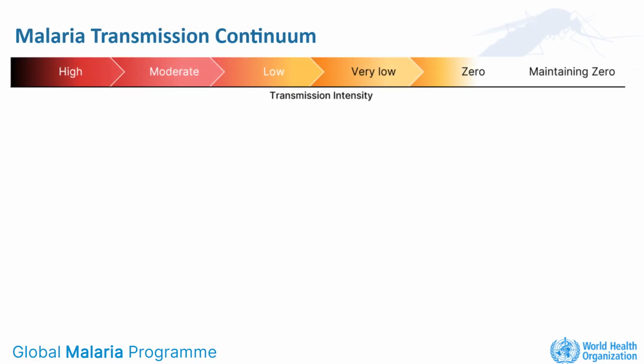The framework for malaria elimination includes a new concept, the continuum of malaria transmission. Previously, elimination guidance had placed countries into one of three categories: control, pre-elimination, or elimination, based on epidemiological criteria.